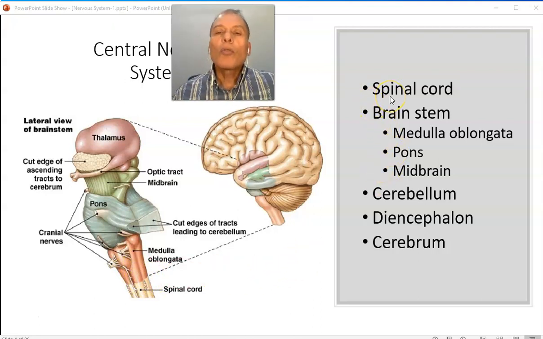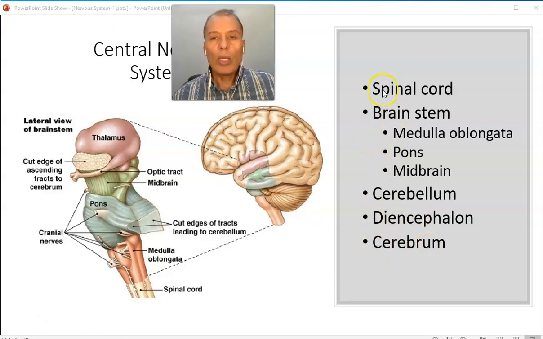So all the parts of the central nervous system include the spinal cord, the brainstem, the cerebellum, that structure here, the diencephalon, and the cerebrum. So we'll take one look at the main pieces, 1, 2, 3, 4, 5. Some of these have different components in them.